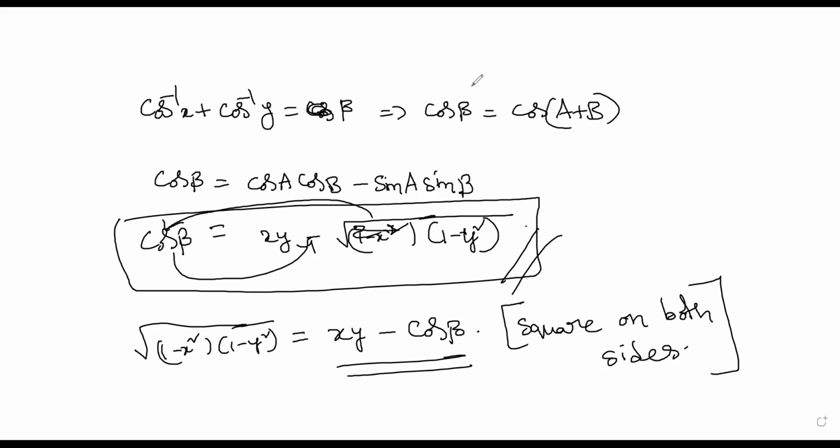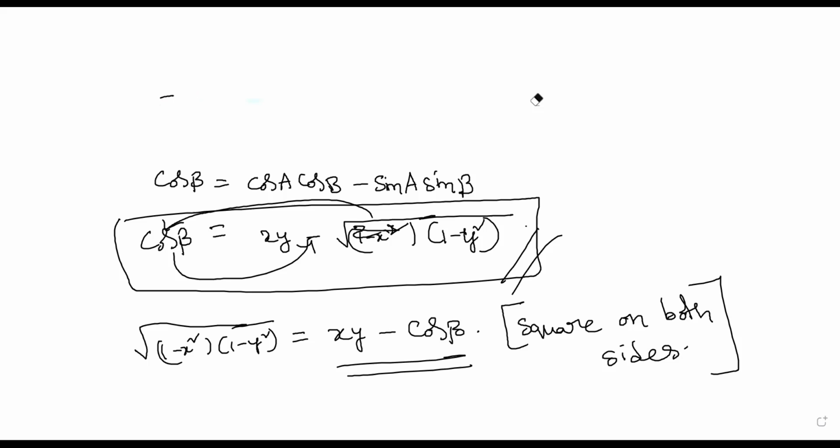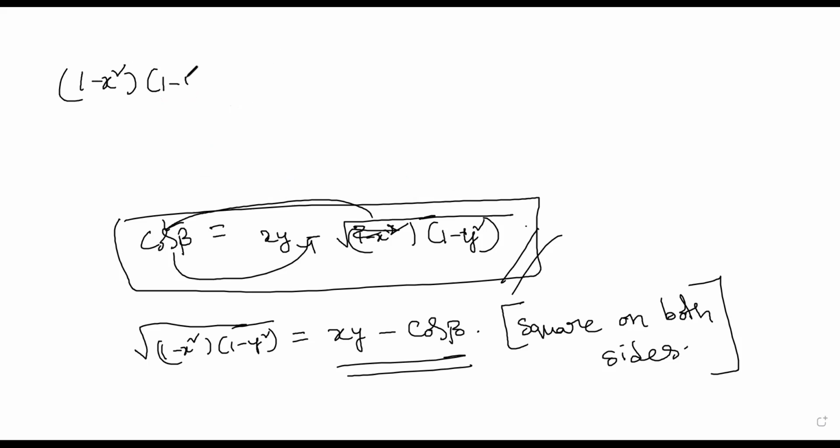And now you have the thing like this. So when you square it, the square roots are gone. So you have 1 minus x square into 1 minus y square this side. Here when you square it, this entire thing has to be squared.